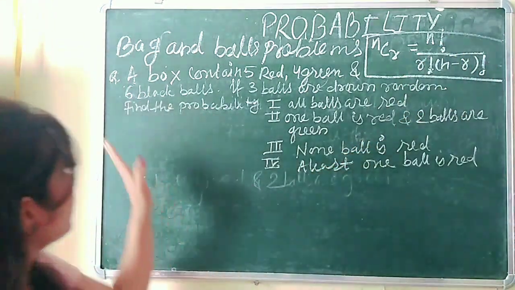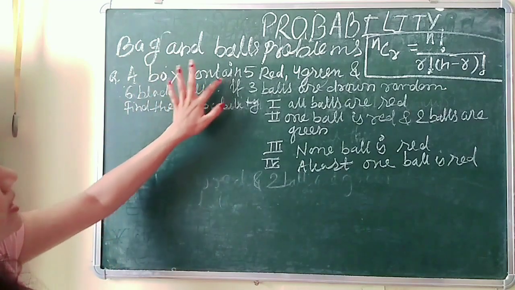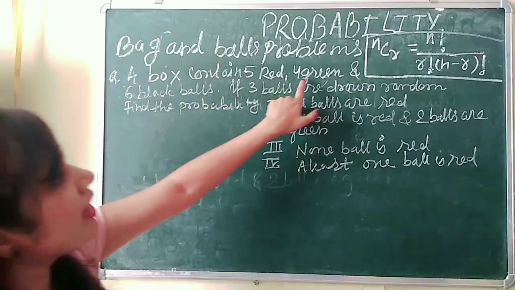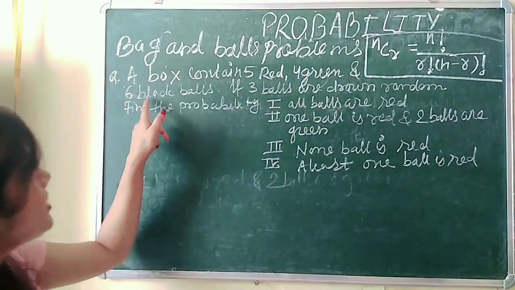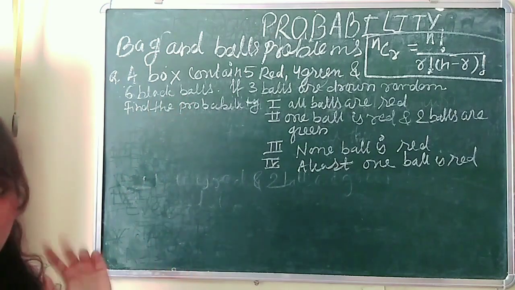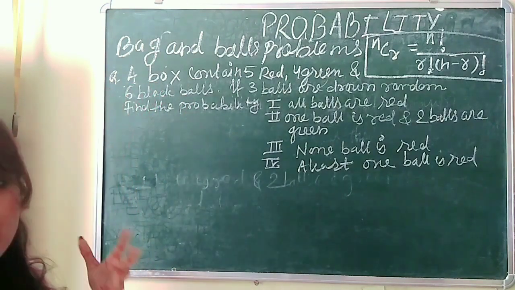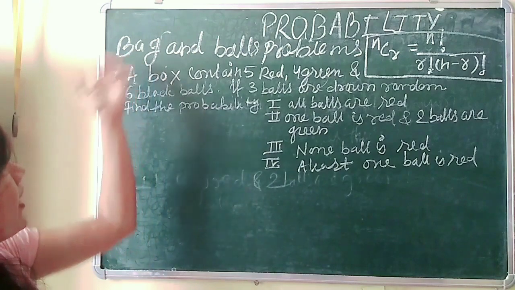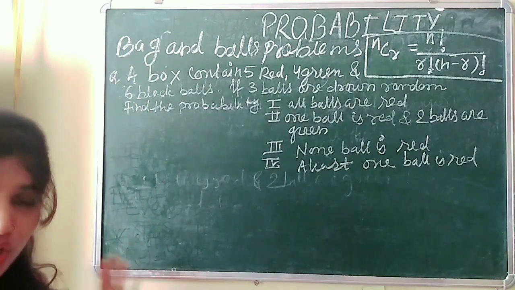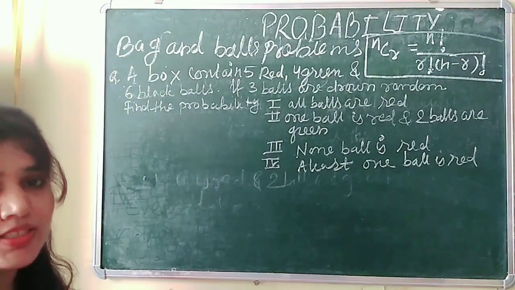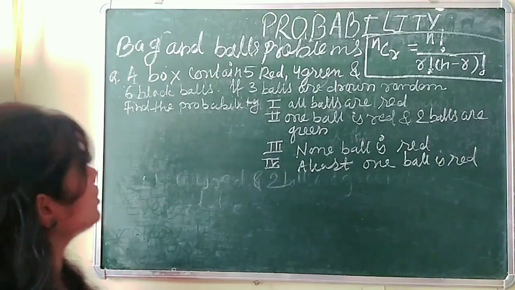Now the question is: a box contains 5 red, 4 green and 6 black balls. Either you will get a box, a basket, or a bag; all these things are the same, so don't get confused.